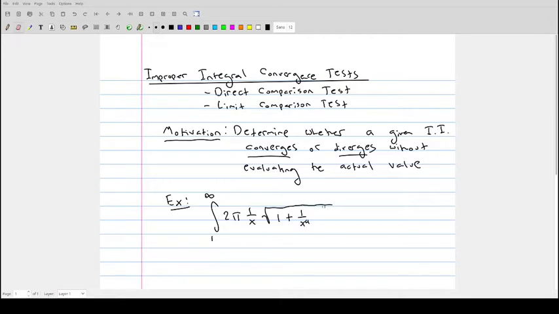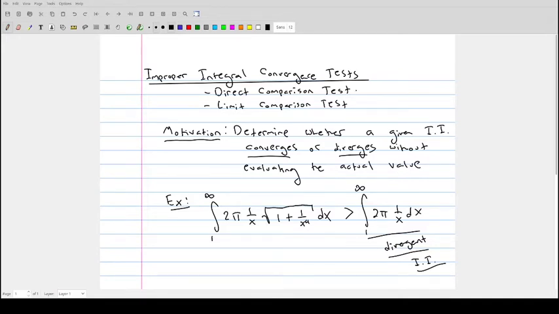The main idea being that for this integral, we showed that this function is always going to be strictly greater than the function 2 pi times 1 over x. And because this is a divergent improper integral, it's going to force, in some sense, this to also diverge. That's what the direct comparison test is saying.